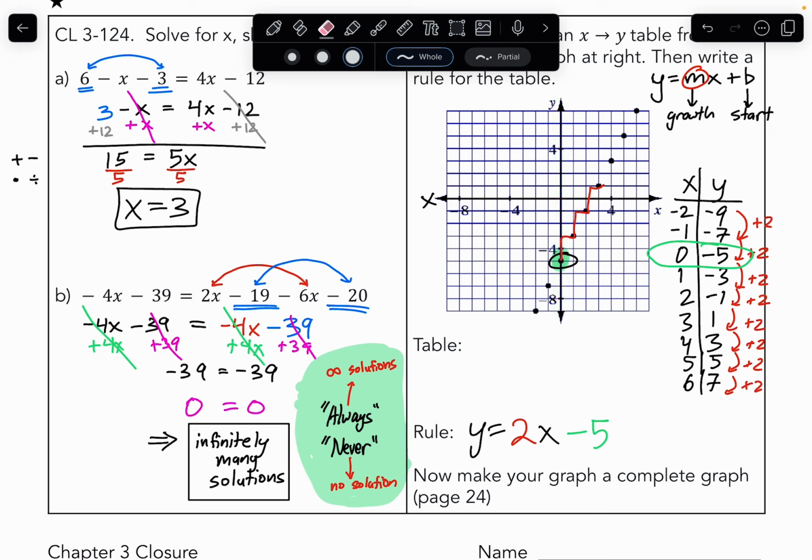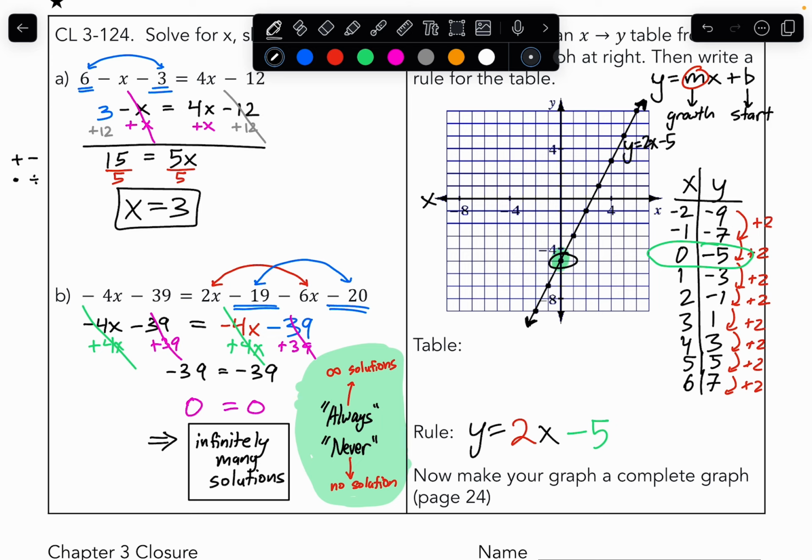So let me erase a couple of things. I need to make sure I add a line that extends all the way through my graph. I need to have arrows. And I need to write the equation on my line here. Y equals 2x minus 5.